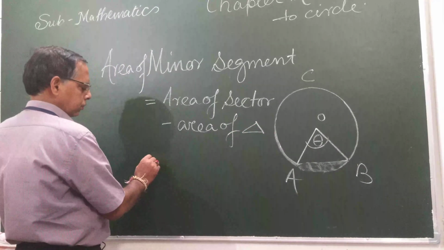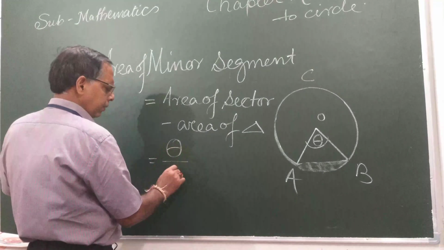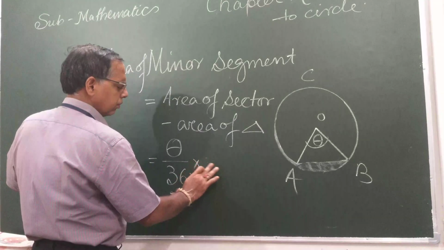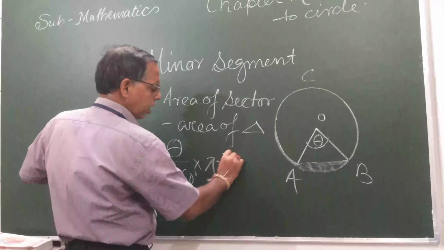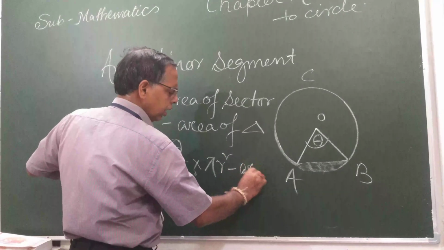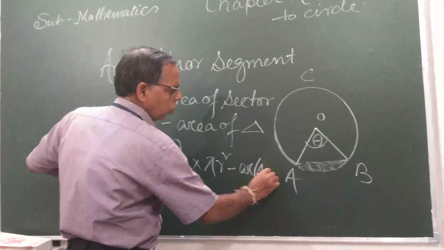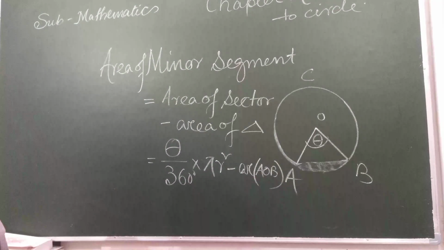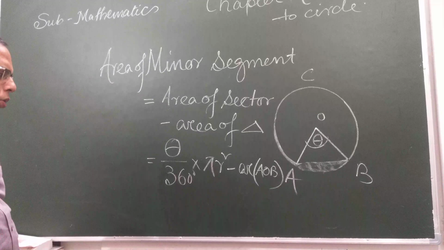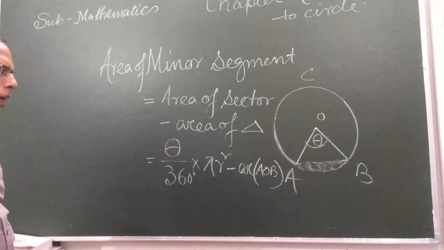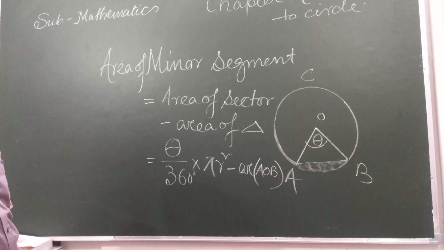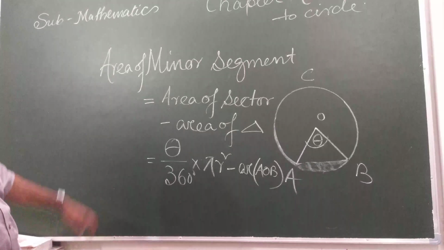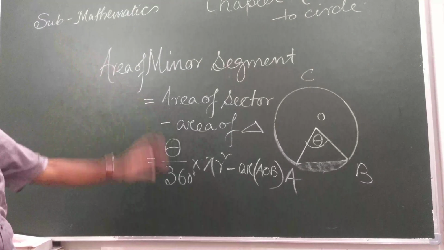That means theta by 360 degree into pi r square minus area of triangle AOB. So this is the area of the minor segment.